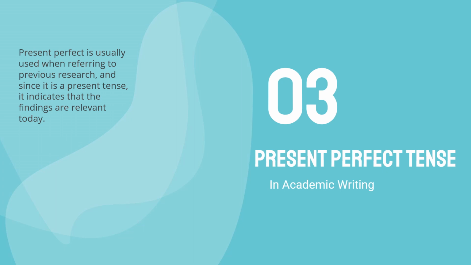Now go to the last common tense in academic writing, that is present perfect tense. It is usually used when referring to previous research, and since it is a present tense, it indicates that the findings are relevant today.